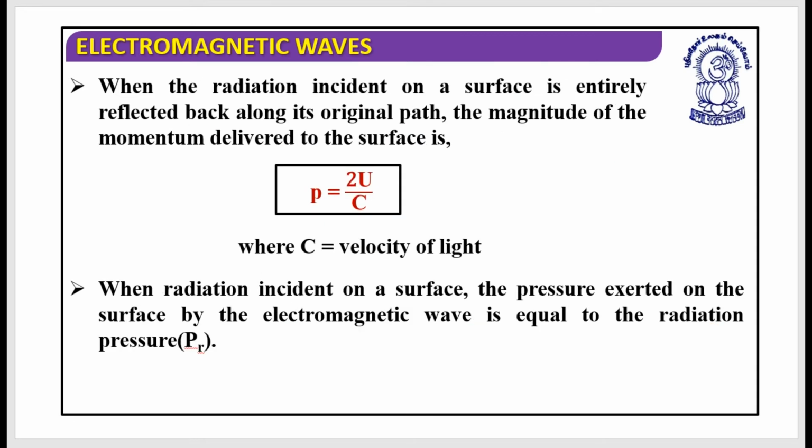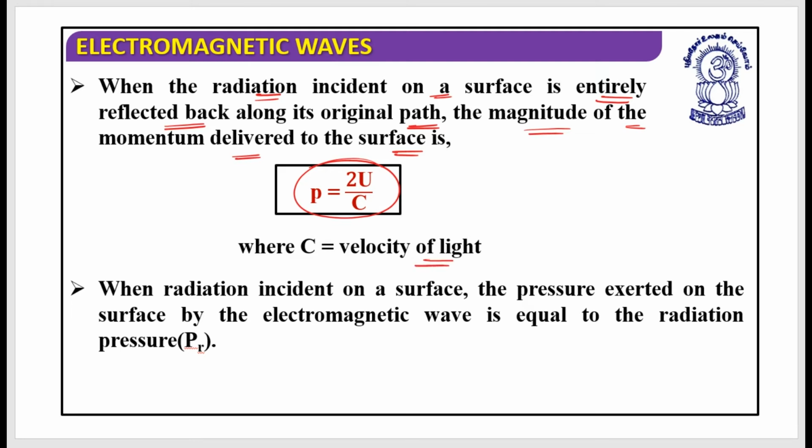When the radiation incident on a surface is entirely reflected back along its original path, the magnitude of the momentum delivered to the surface is p equals 2u by c, where c is the velocity of light.